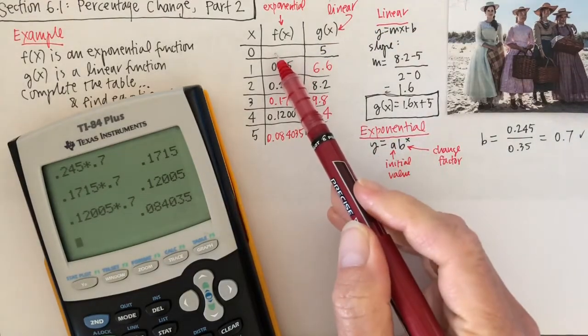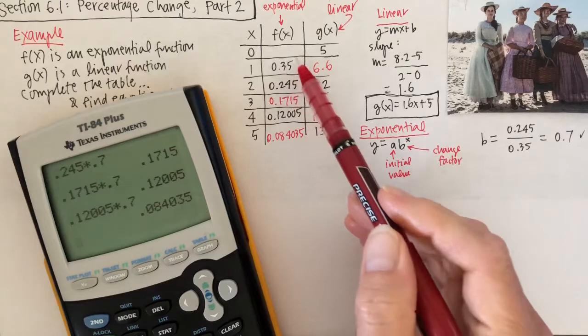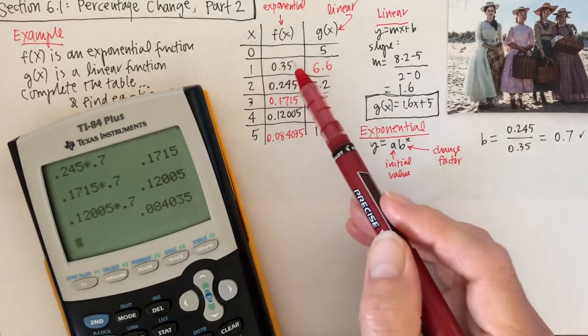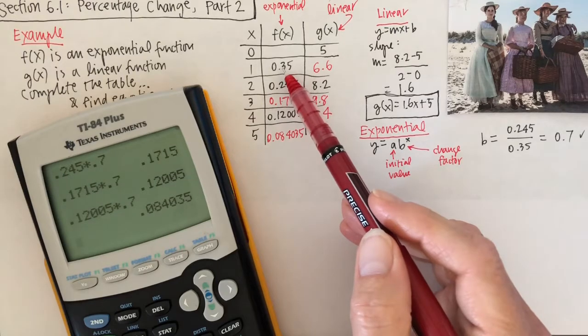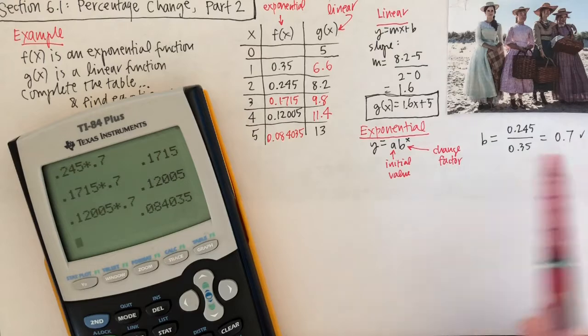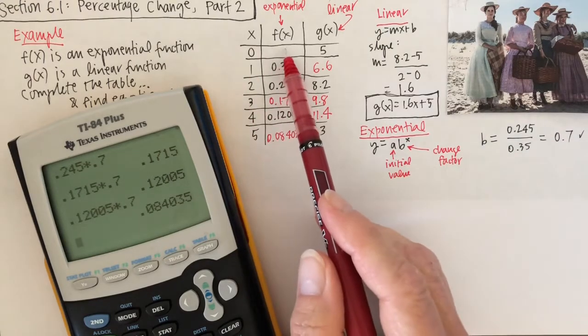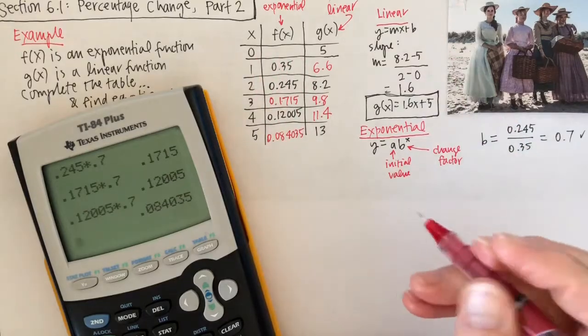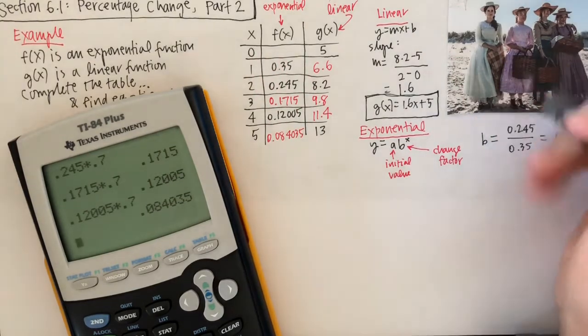I do need to find out what this one is. And essentially I need to go kind of backwards to find this. There was a number that when I multiply it by the change factor, I get 0.35. So a number multiplied by 0.7 equals 0.35. Well, what goes in this box? What goes in this box is f of 0.